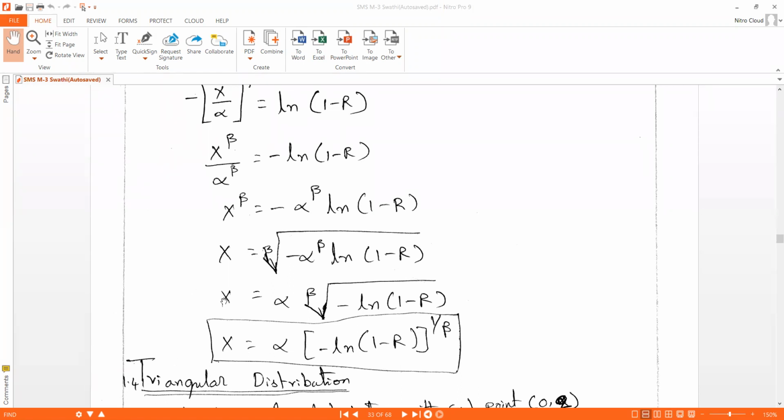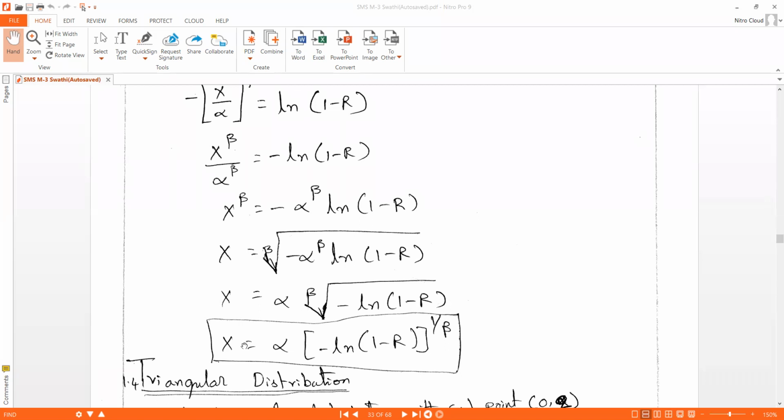Now we can write the x value like this. Because alpha power beta is inside, the root and the power get cancelled, so alpha we can take out. So x equals alpha into the beta-th root of minus ln of 1 minus r.